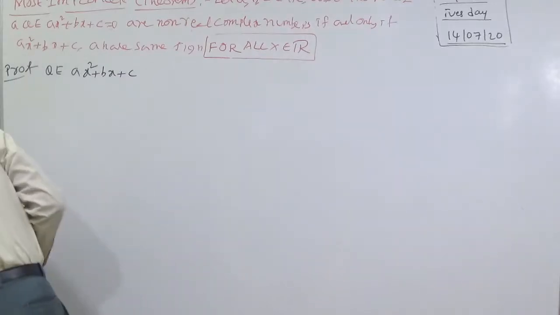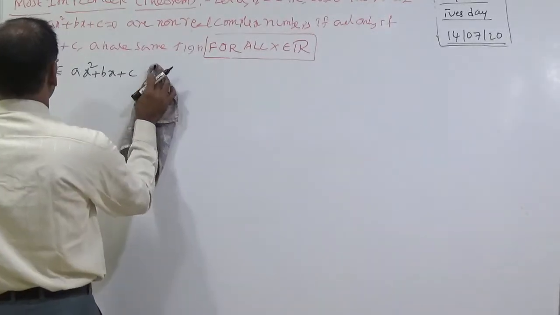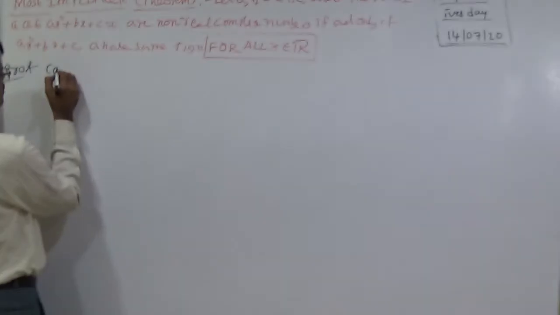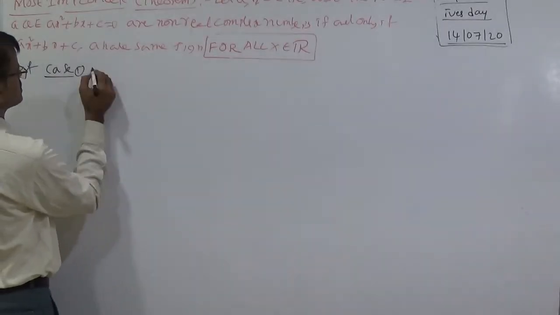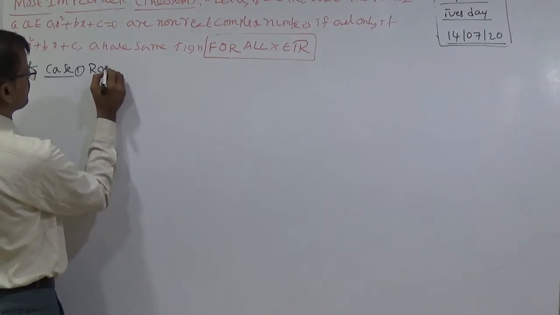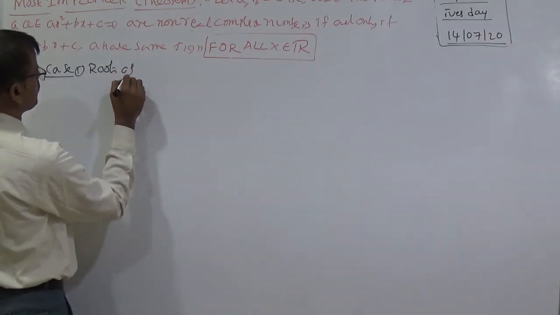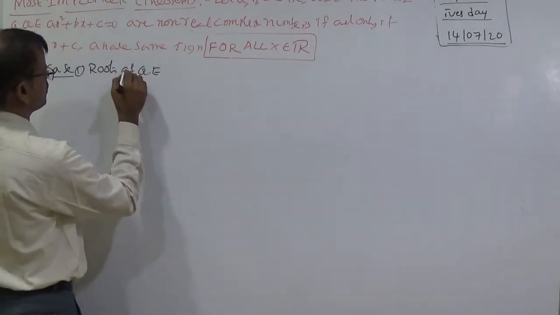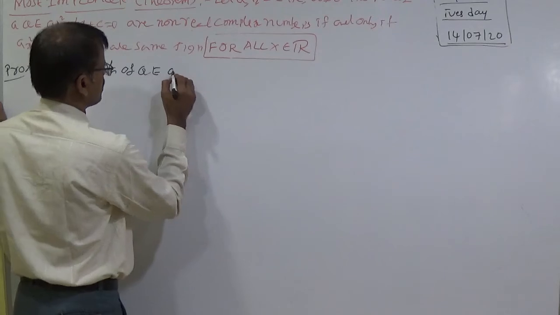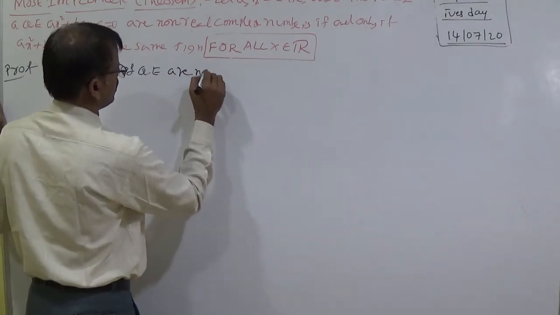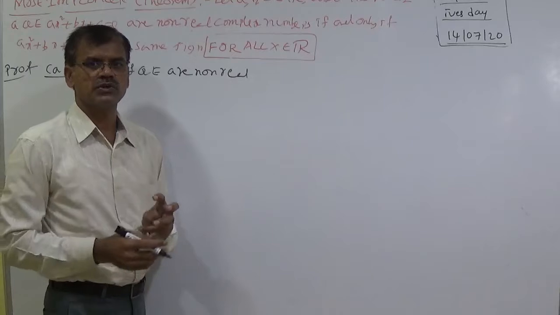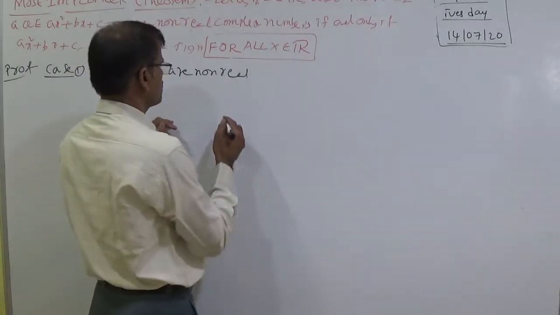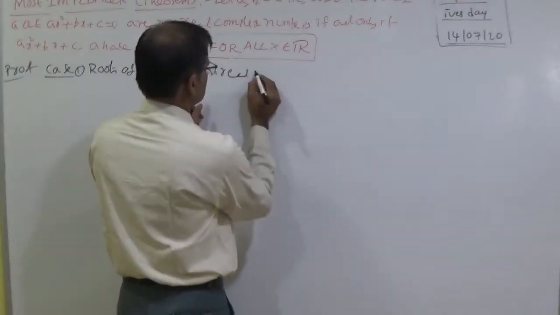Let us consider case 1. The roots of this quadratic equation are non-real complex numbers. That means delta less than 0, that means b square minus 4ac less than 0, imaginary roots.